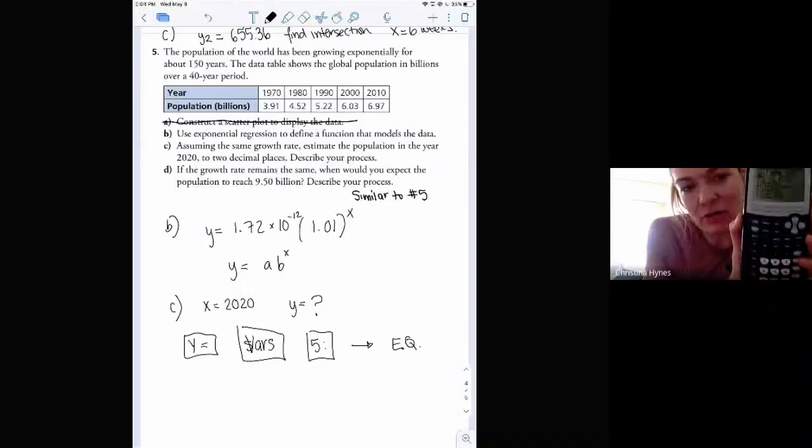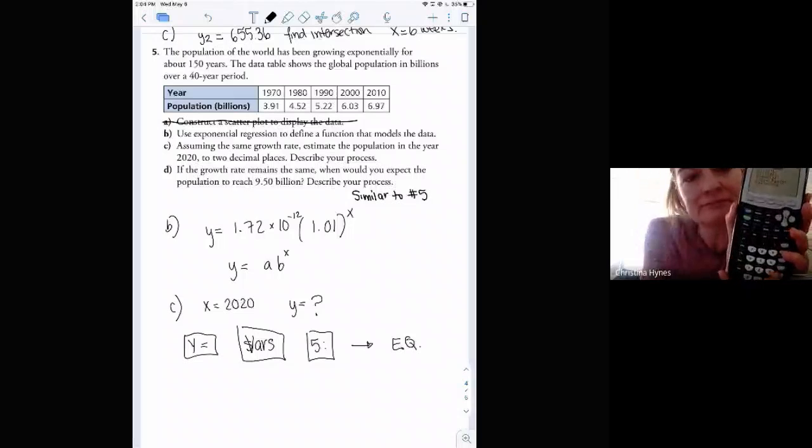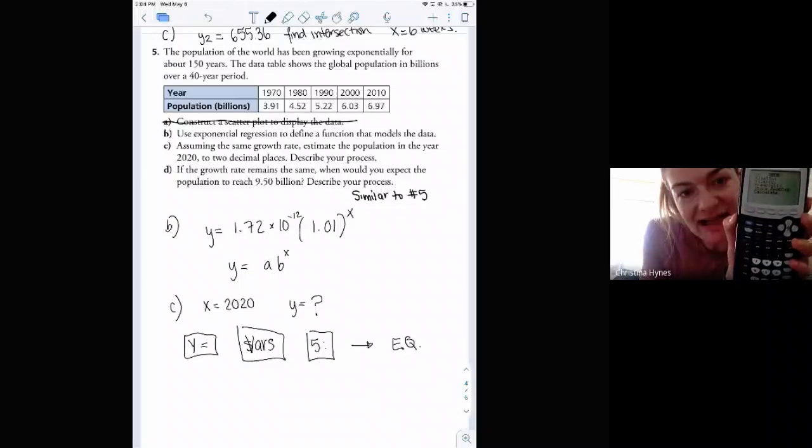You press 0. That's a quick way of getting there. And what it does is it gives you this, and you can just press enter until it calculates the equation for you. Okay, so this is the equation. Like it said, it matches the one that I had on my other calculator.